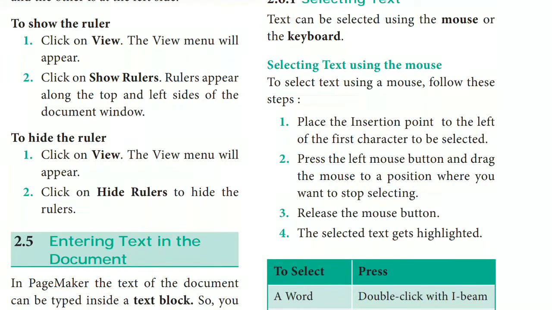The selected text will be highlighted somewhat darker than the normal background. The normal background will be white in color. The selected text will be somewhat darker, and that is based on every individual system.